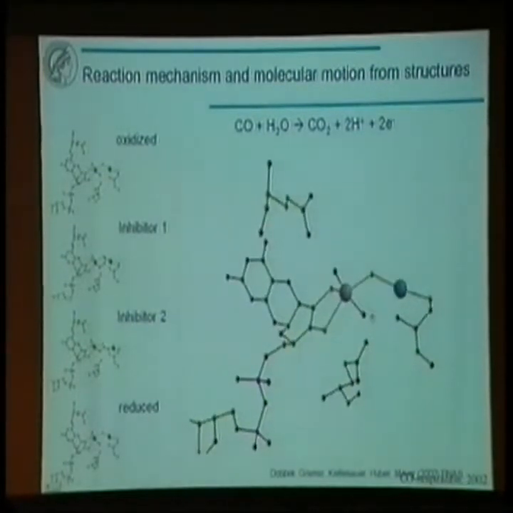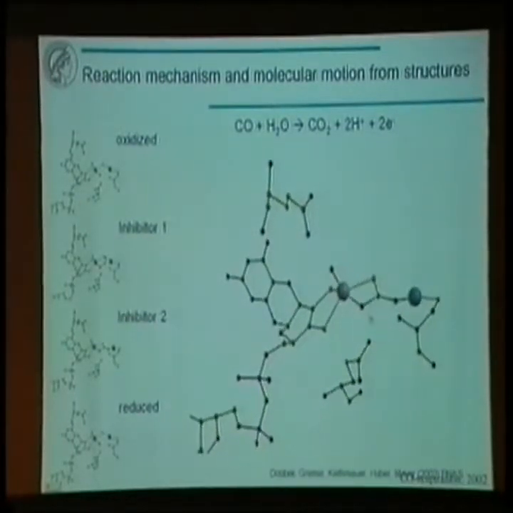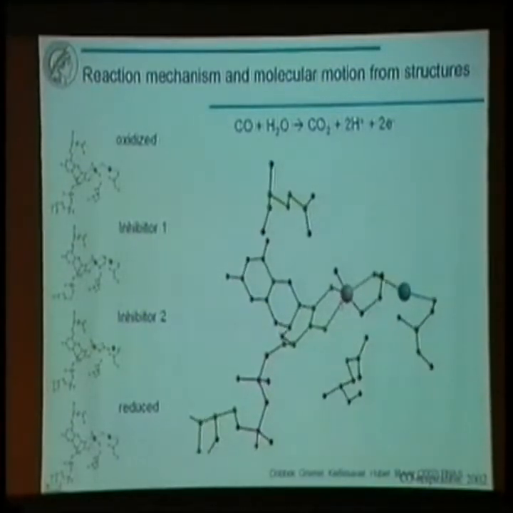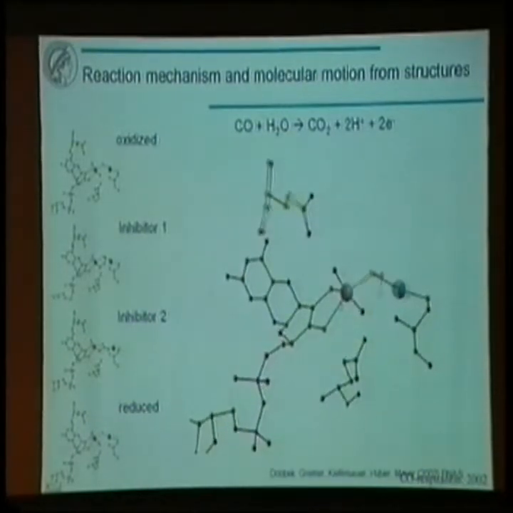So we have the experimental structures of individual states, and then we combine this information to make that movie, to show to you that there is substantial motion going on during the enzymatic reaction, which we can analyze in crystals by a process which I have shown to you.